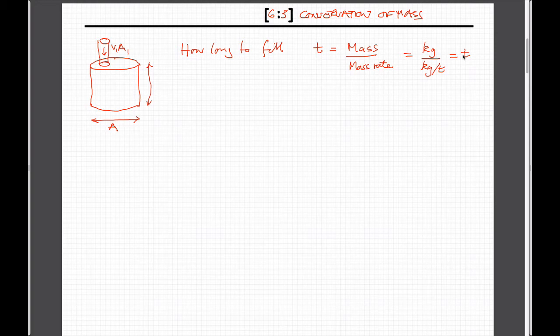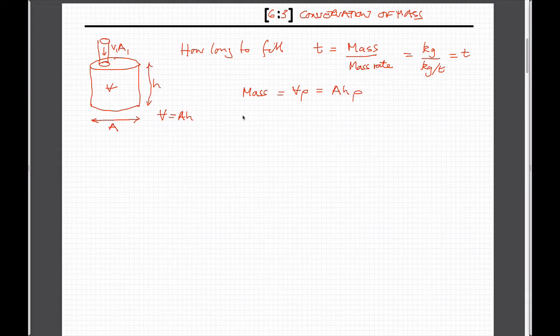And so if we know what this volume is, the volume is going to be equal to the area times the height. So what's the mass? Mass is just equal to volume times density, which is equal to area times height times density.